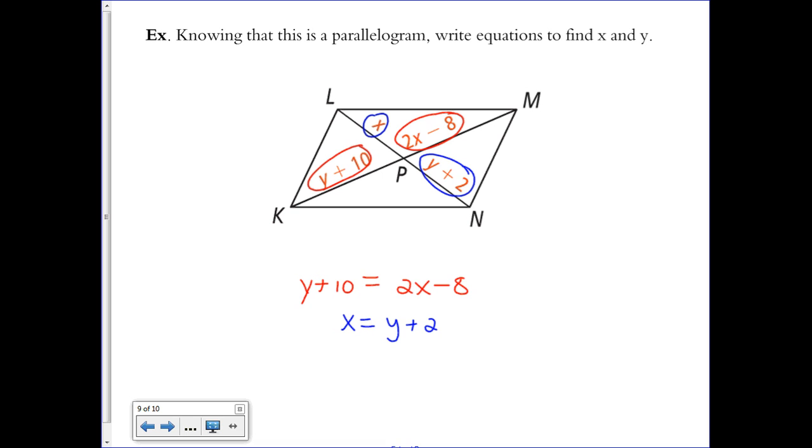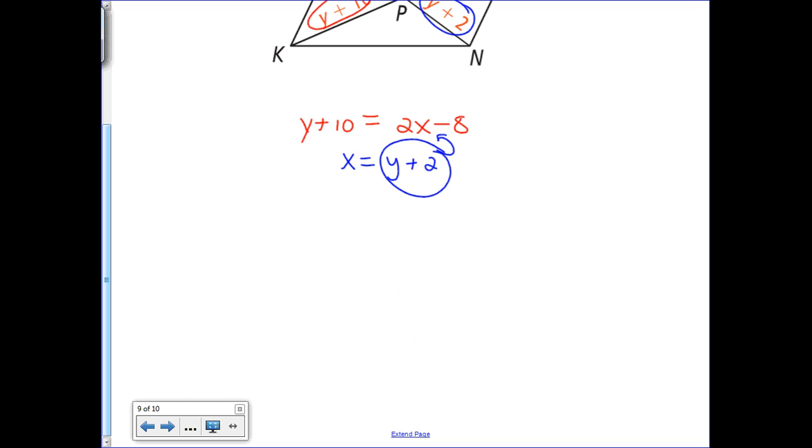Well, now I have two equations with x and y in them. So I have to use either the combination or substitution method to solve this system of equations. I'm going to use substitution method because I already have x by itself. So I can just put this inside of the other equation. y + 10 equals 2(y + 2) - 8.